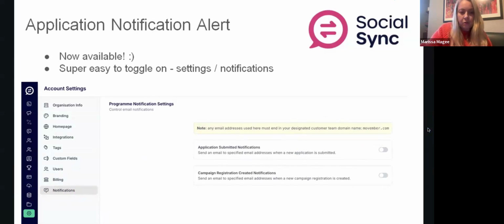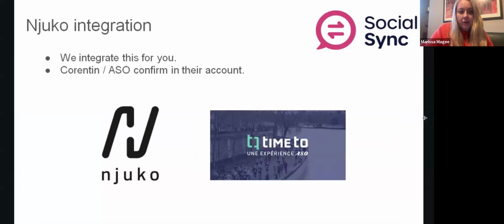So you turn it on and you will receive application notifications for anything that you're using Social Sync for. It's really easy to do, and really useful if you want to review and get back to applications as soon as possible.